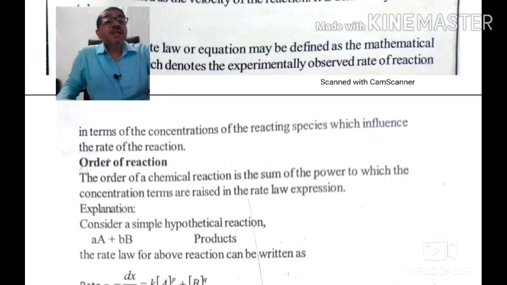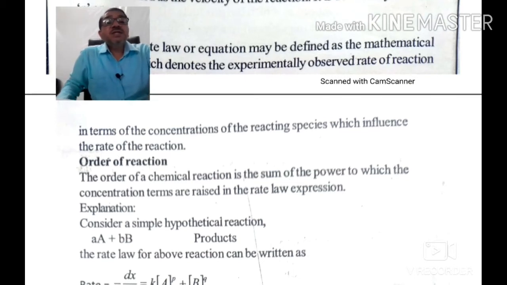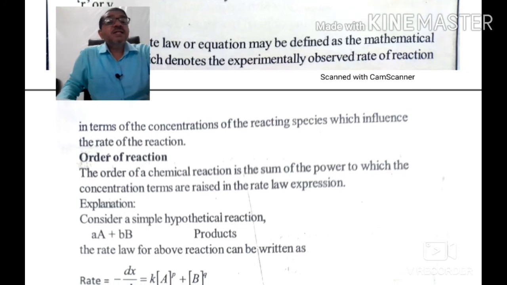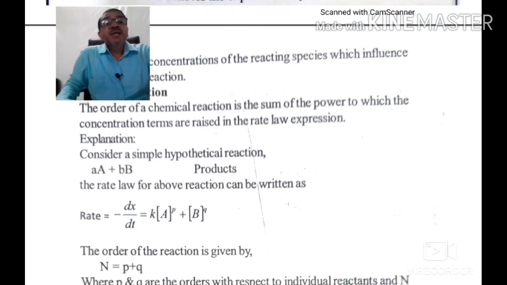The order of a chemical reaction is the sum of the powers to which the concentration terms are raised in the rate law expression. Consider a simple hypothetical reaction A plus B gives products.